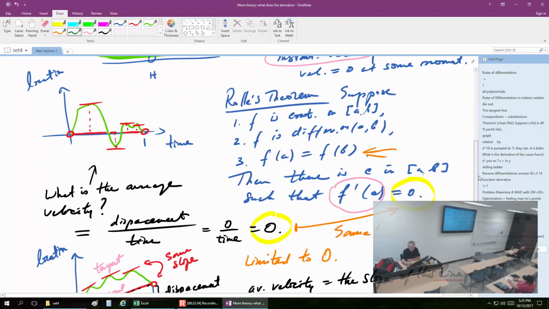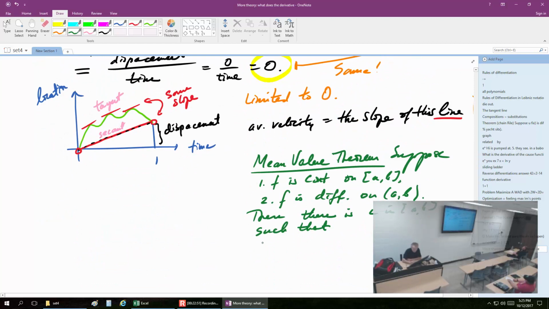So look at the theorem over here, Rolle's theorem. I have omitted condition 3, which is the restriction that produces the 0 average velocity, and so that has disappeared. But the last statement has to be modified in order for us to have our identity straight. So f prime of c is equal to, and now on the right I want the average rate of change, which is the slope of that secant line. So what is it?